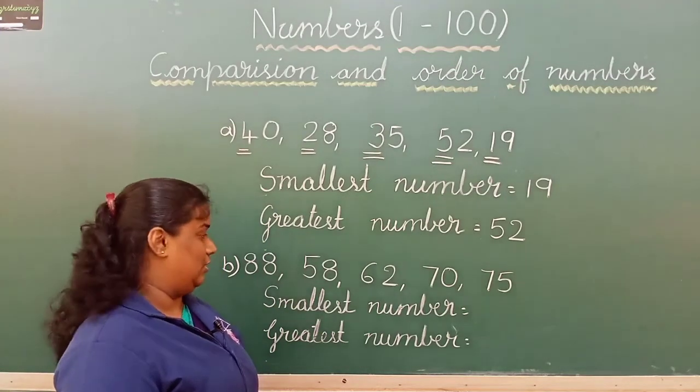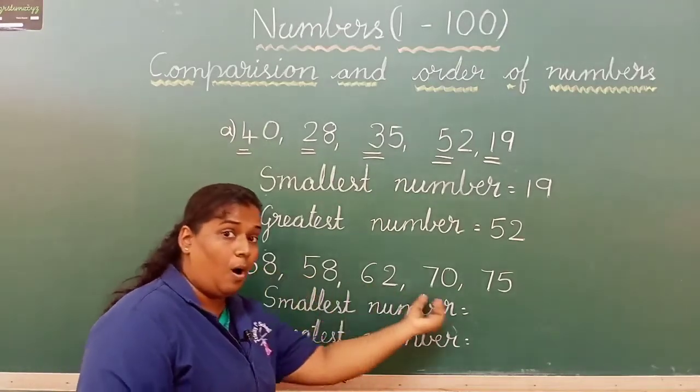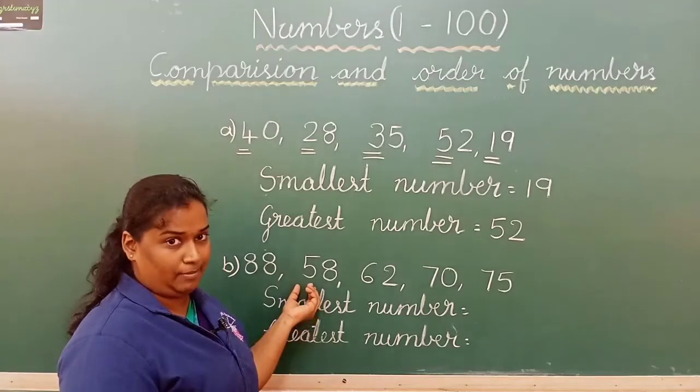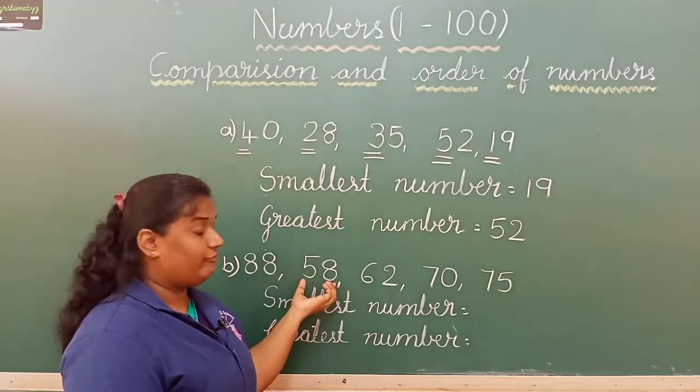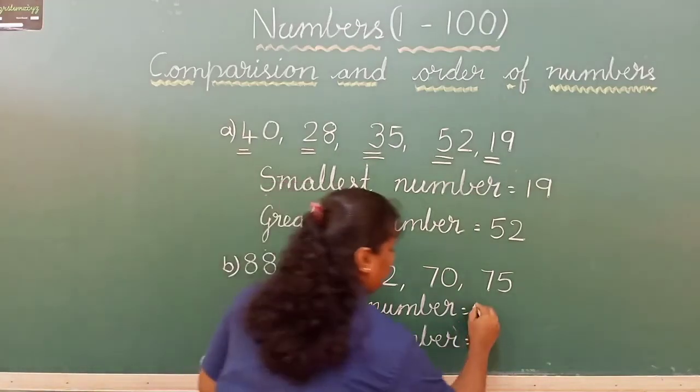Yes, very good. 5 tens is smaller than all other tens in the given numbers. That is why 58 is the smallest number.